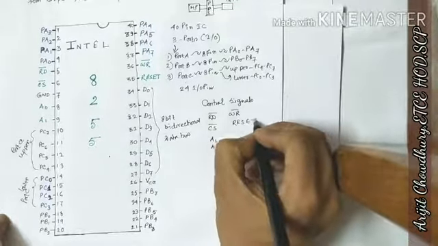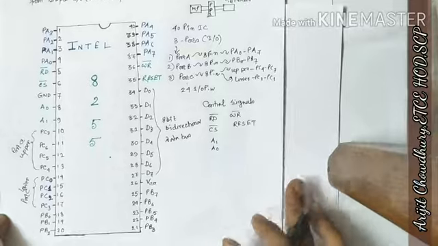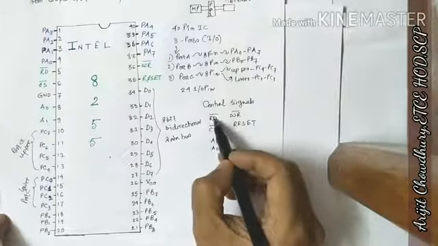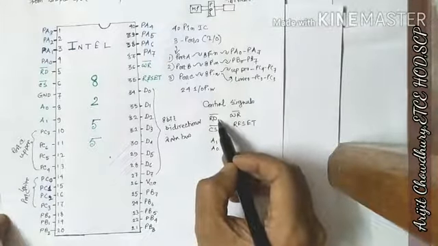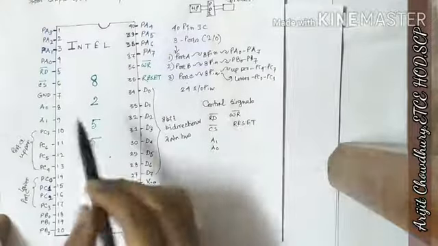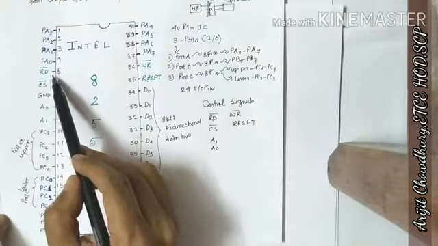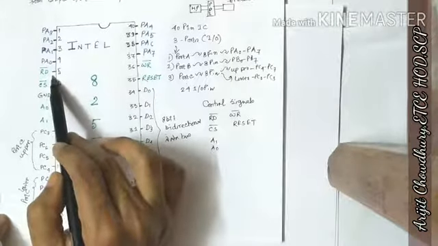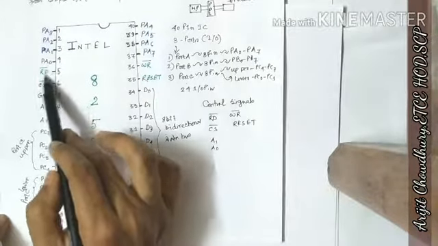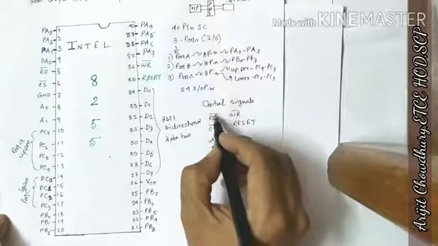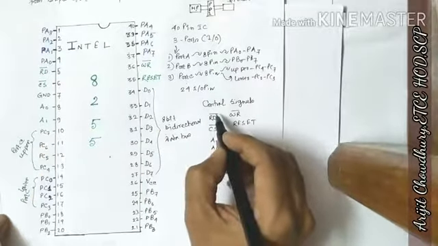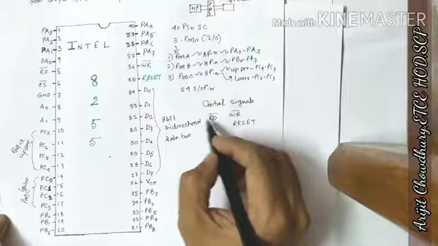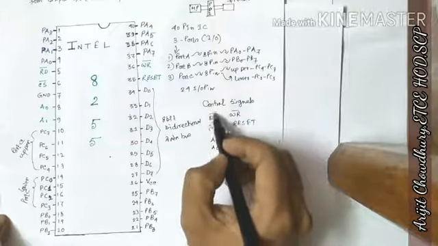These are the control pins. Read, RD bar, means it is an active low signal. If logic 0 is applied, then RD bar is active.